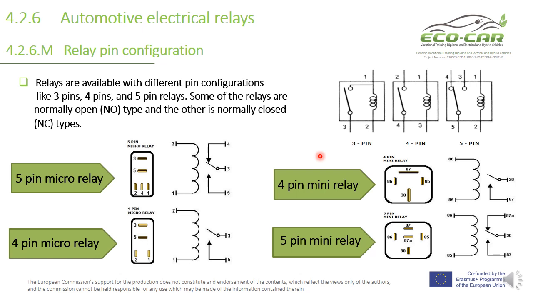So it depends on the applications. We can see many kinds of automotive relays in the vehicles, maybe like this shape, or like this shape, depending on the applications and the wattage of the relay.